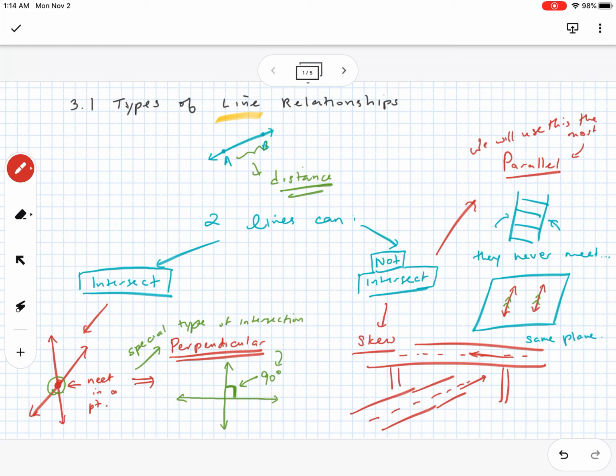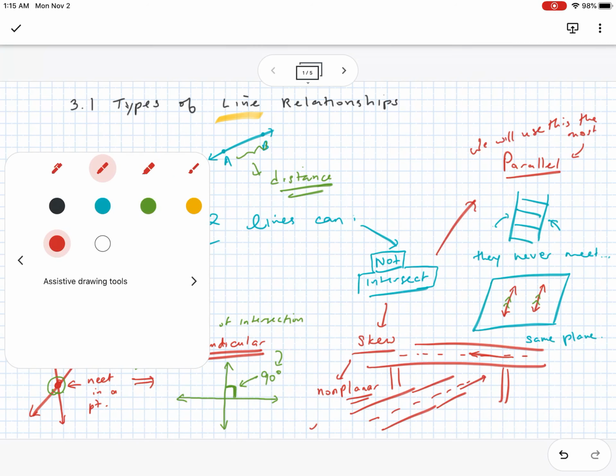And normally, if that was the situation, they would crash, right? However, the highway is above you and you are below it. So regardless of what direction you're going in, you're never going to meet each other, right? So that's what it means to be skew. So skew is basically non-planar.